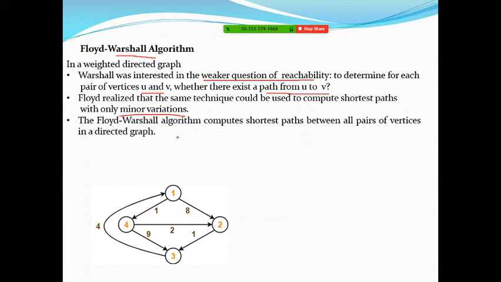By Dijkstra's algorithm, we were finding the distance between two assigned vertices. But this Floyd-Warshall algorithm computes the shortest distance between every pair of two vertices, like 1 to 2, 1 to 3, 1 to 4. So it is giving the distance between every pair of two vertices, and it is for directed graphs. So how are we going to apply this Floyd-Warshall algorithm? That is the main topic of this lecture.